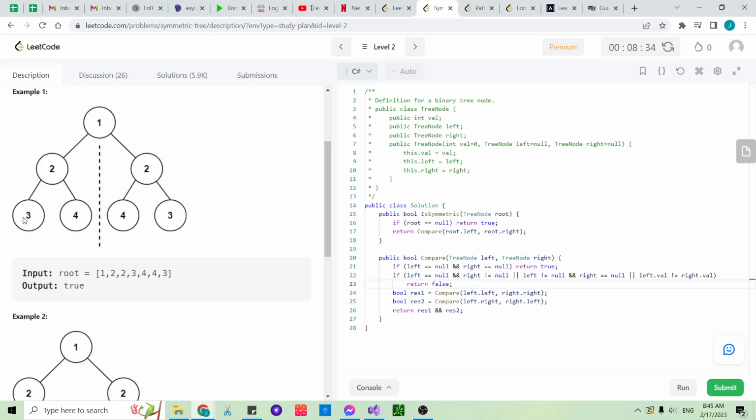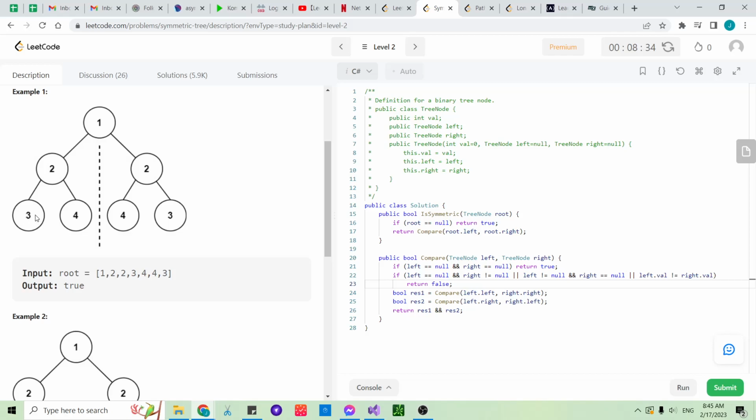Okay, then we need to handle the children. Okay, what if we enqueue these also right away? Okay, so we enqueued 2, 3, 4, 2, 3, 4, and then we can dequeue that.